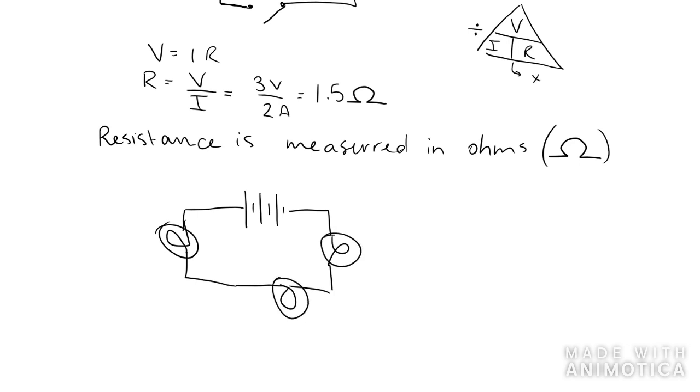If we say this is 10 volts, 5 volts, and 15 volts, to find out the total voltage of the circuit, all we have to do is add up these 3. 10 volts plus 5 volts plus 15 volts gives us 30 volts.